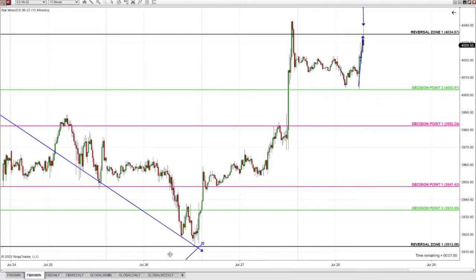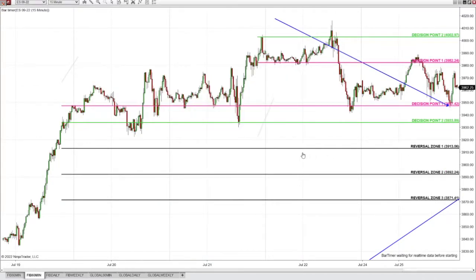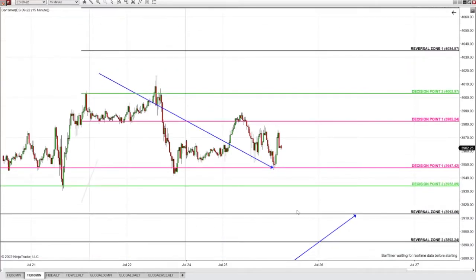Let's go back all the way down to July 25th. It was a very painful day. On Monday this week, price stuck at a key support level. Remember this? We discussed it many days in advance.